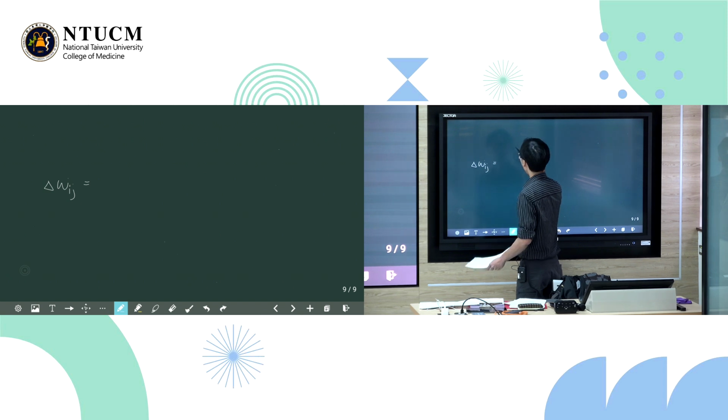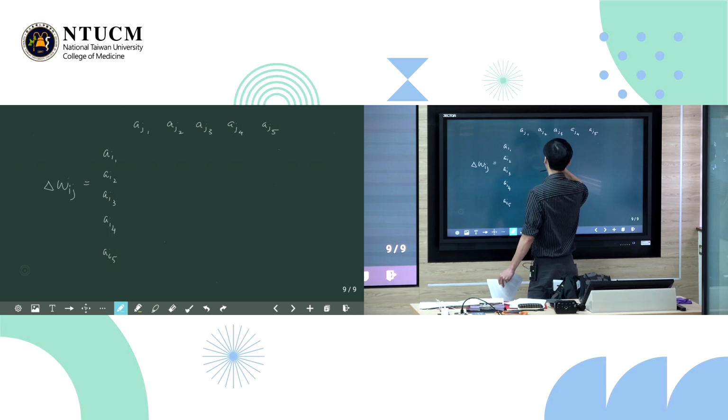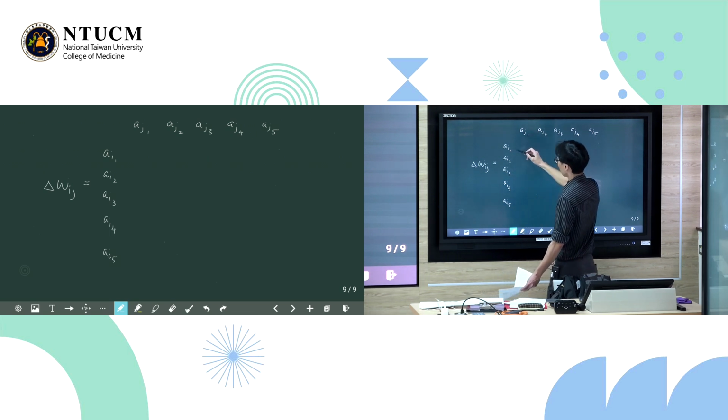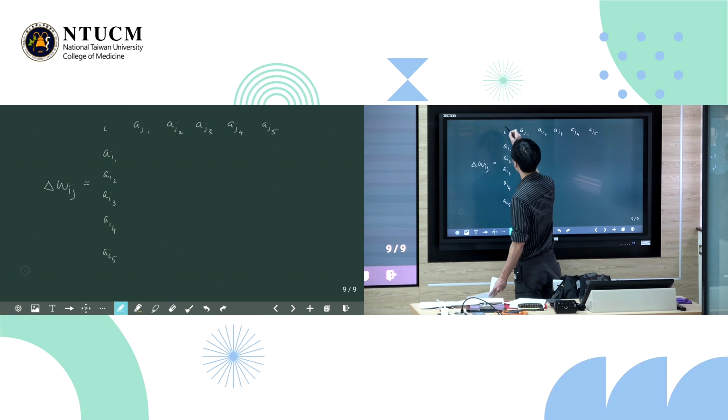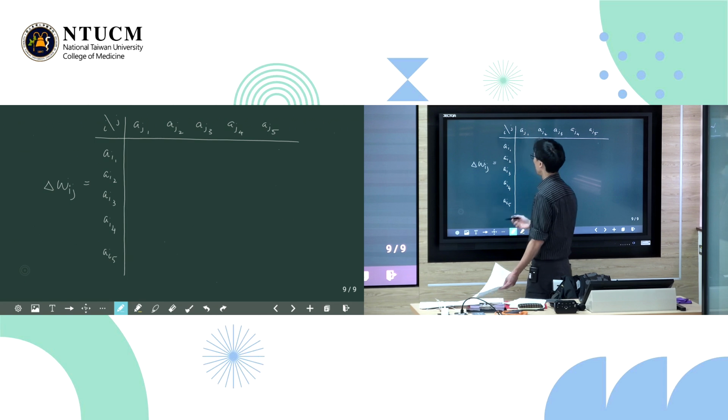You have AI1. Okay, this is the I, and this is the J. Okay. When K is equal to R, then the weights are 0. So these are 0.